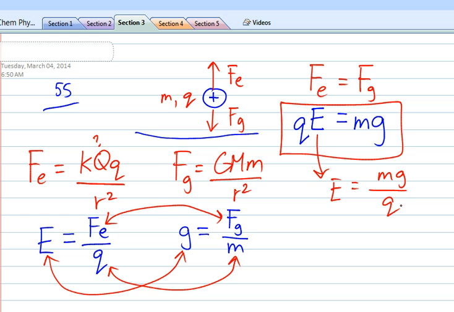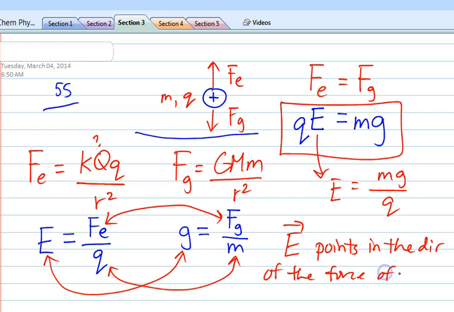The important thing is that E points in the direction of the force on a positive test charge.